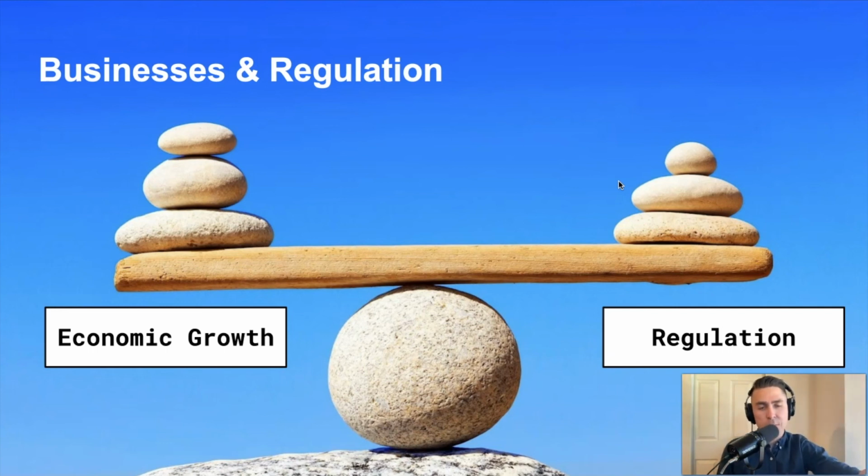The government tells the business what you are allowed to do, what you have to do, and what you're not allowed to do. Some of the reasons we have that are to ensure things like worker safety. You have federal agencies like OSHA, the Occupational Safety and Health Administration, who make sure that things are safe on people's work sites, so that people aren't going into work and dying or getting injured unnecessarily.